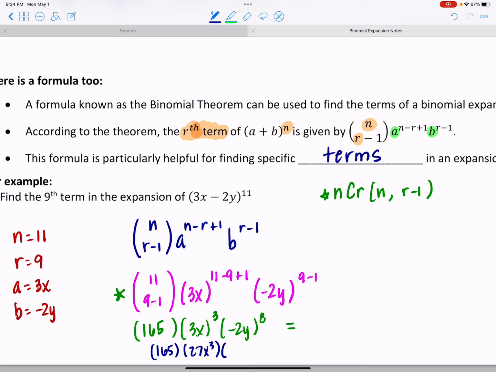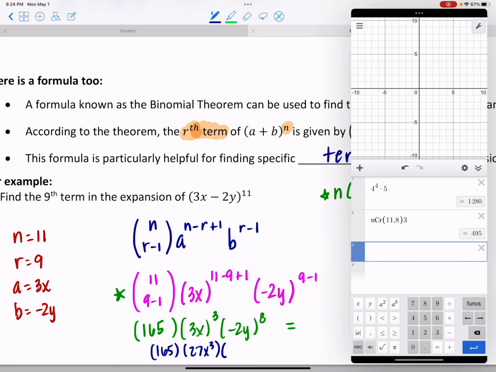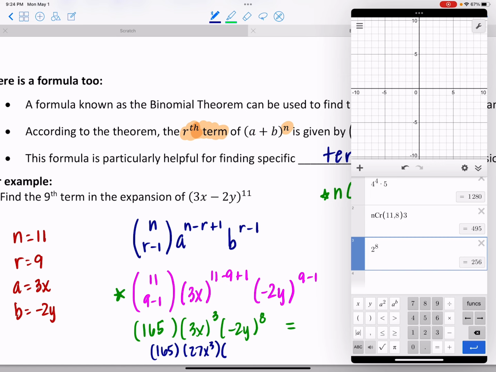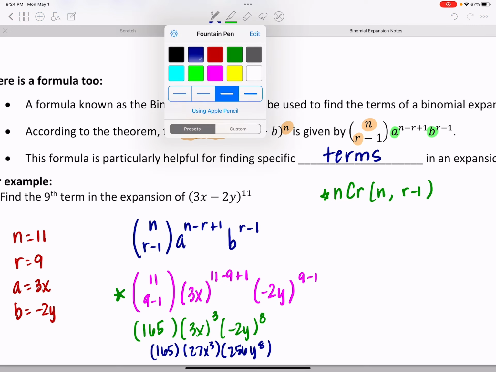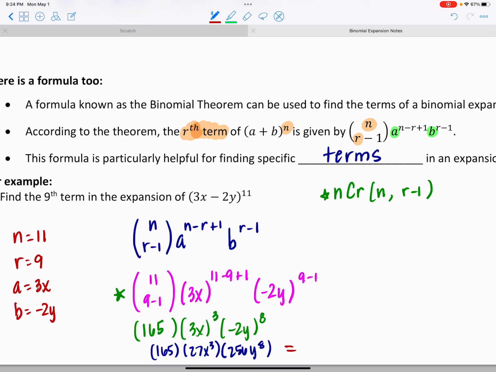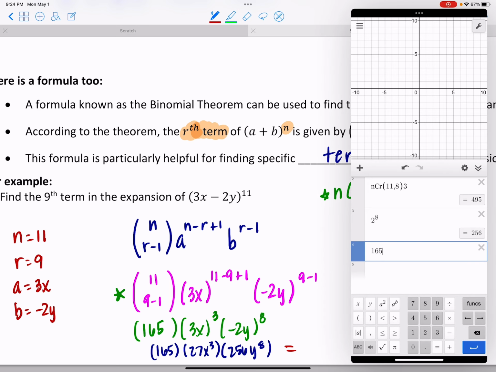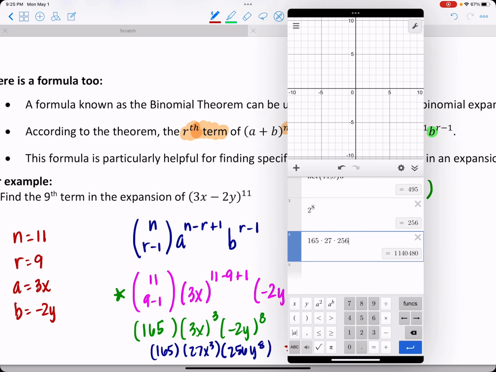And then negative 2 to the 8th. Maybe I want a calculator for that. 2 raised to the 8th power is going to be 256. Well, negative 2 to the 8th power would still be 256, so this would be a positive 256 y to the 8th. And now I can actually multiply all this out. I'm looking at 165 multiplied by 27 multiplied by 256, and that's ginormous.